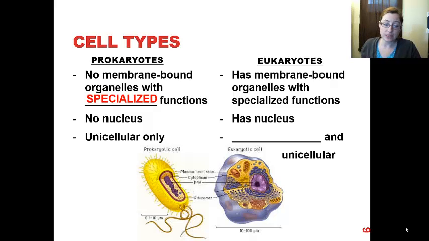So if you look at this diagram down here, you can see some key differences. Prokaryotes do not have a nucleus, whereas eukaryotes do. You can see that right in the center. And unicellular organisms are only prokaryotic, whereas eukaryotes can be both multicellular and unicellular.